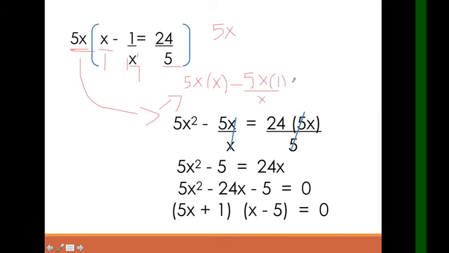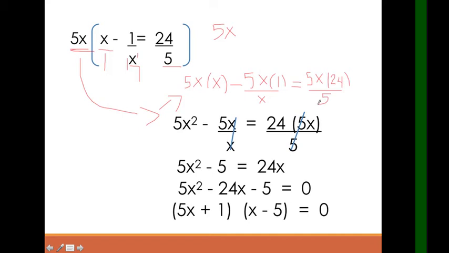And then, equals. So, still, nandito pa rin tayo. So, pagsasamahin natin ng 5x at 24. So, we have 5x and then 24. Okay? All over 5.